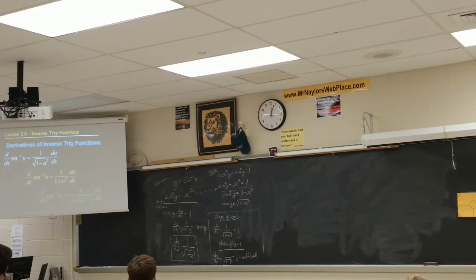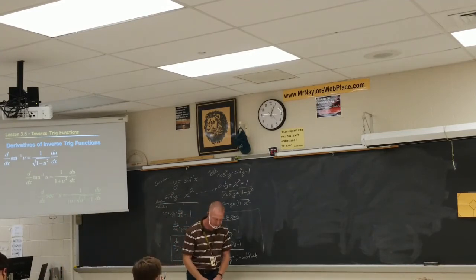Here's one more. I only make you do 3. Inverse secant. This one's got a little bit more commotion. It's got this absolute value in the denominator. Inverse secant: 1 over the absolute value of u times the square root of u squared minus 1 times du dx.